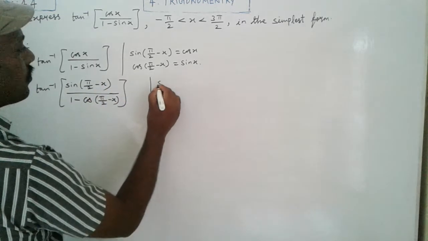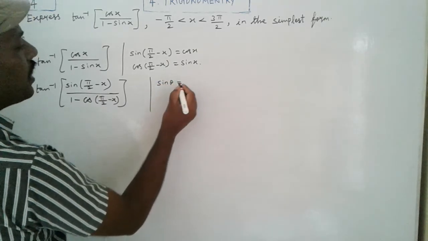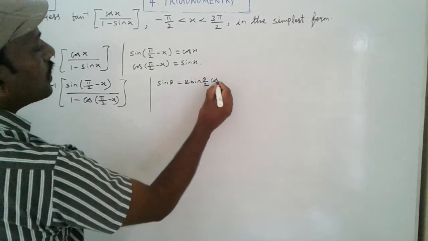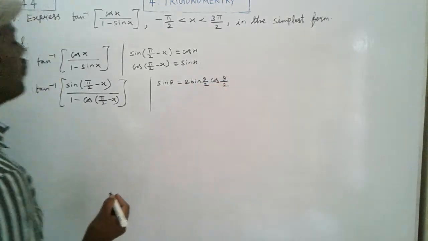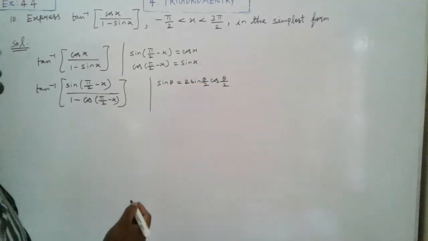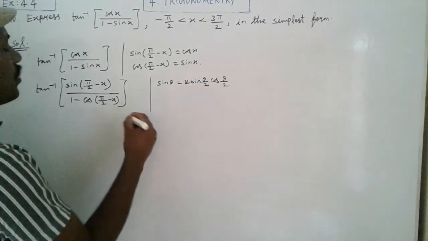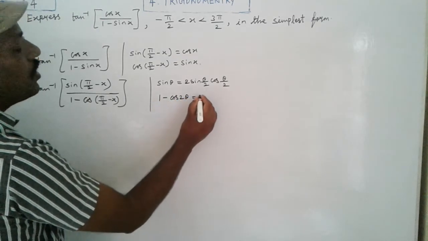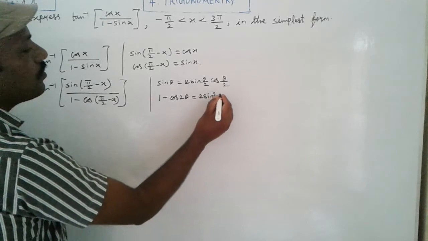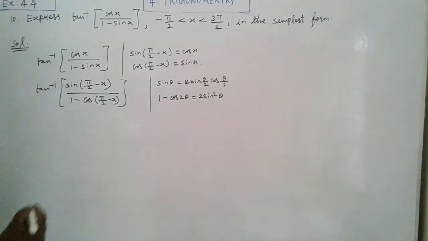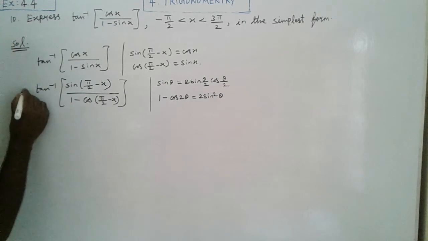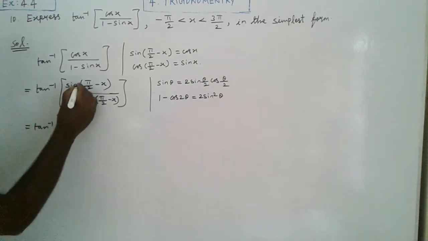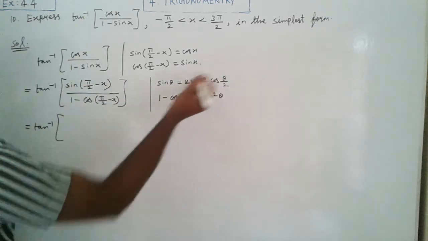Another formula: sin theta equals 2 sin theta by 2 cos theta by 2. Another formula is 1 minus cos 2 theta equals 2 sin square theta. So we should substitute these formulas here. Equal to tan inverse, the first formula sin theta equals 2 sin theta by 2 cos theta by 2.